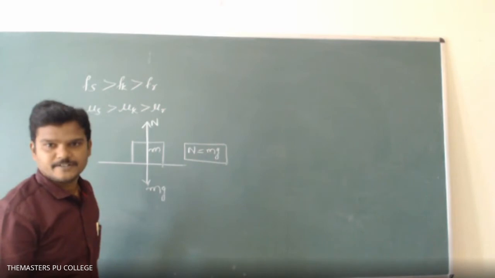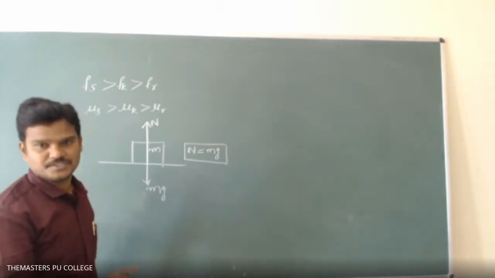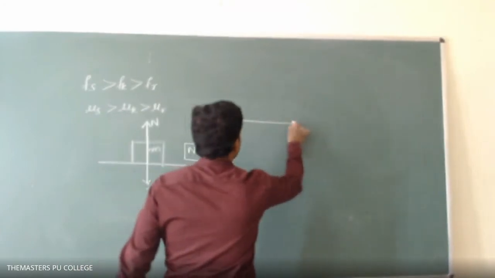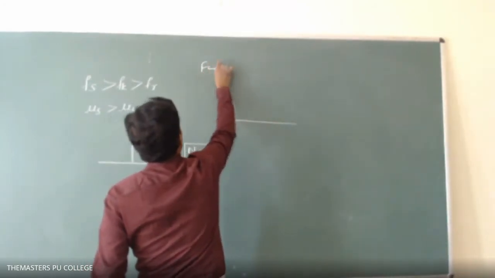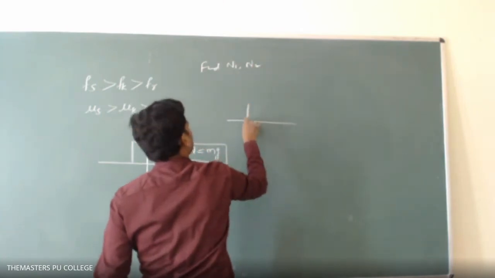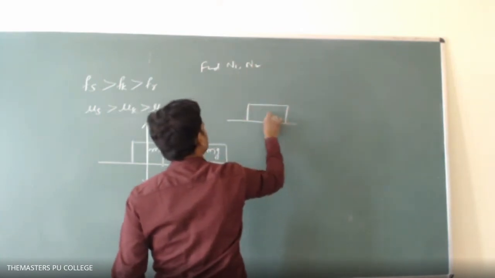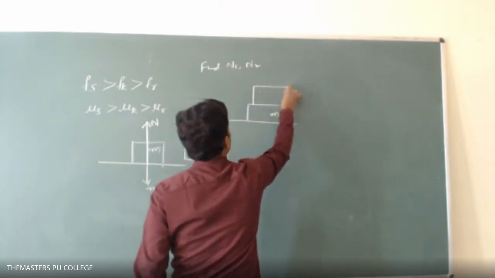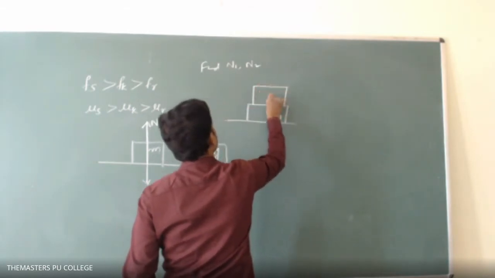Let us see for two blocks. So let me draw here. Let me find what N1 and N2 are. Here one block is placed whose mass is M1. Another block is placed above this, mass is M2.